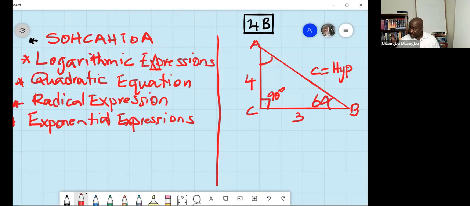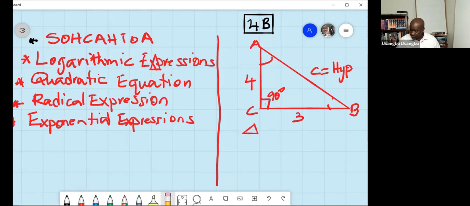But generally, we don't really start with a given angle. We just use a general symbol to indicate an angle, and that general symbol is called theta.